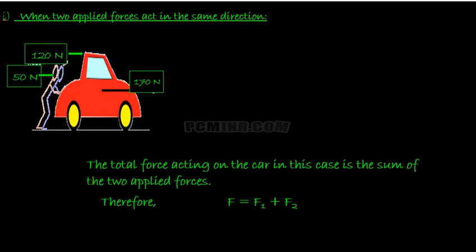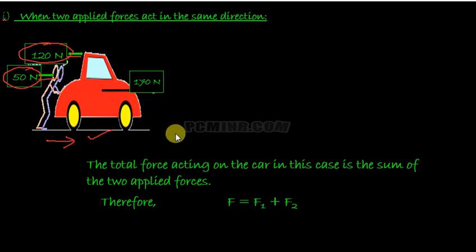Now, as I told you, force is a vector quantity, so the direction also matters. Here I have an example where two people are pushing a car. One is applying a force of 120 Newton and the other is applying a force of 50 Newton, but both are acting in a direction towards the right. You can see the arrows indicate that both forces are acting towards the right.